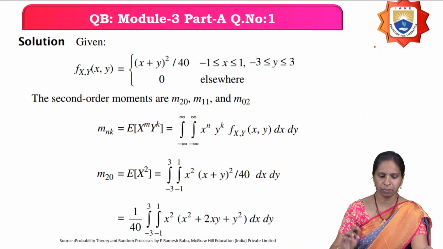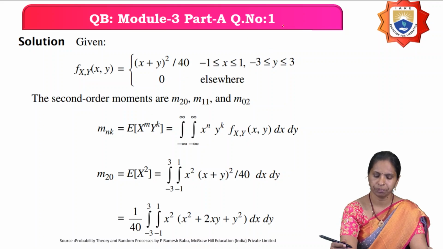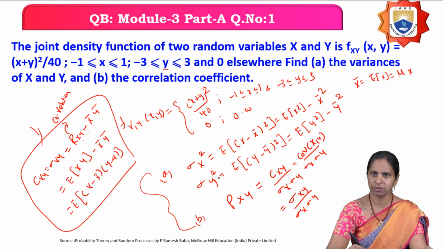Now, we will solve the problem. The joint density function of two random variables x and y is given by (x plus y) whole square by 40 when x is from minus 1 to 1 and y is from minus 3 to 3, and it is 0 elsewhere. Previously, what did we write? The variance of the random variable is expectation of (x minus x bar) whole square, ultimately E of x square minus x bar whole square.